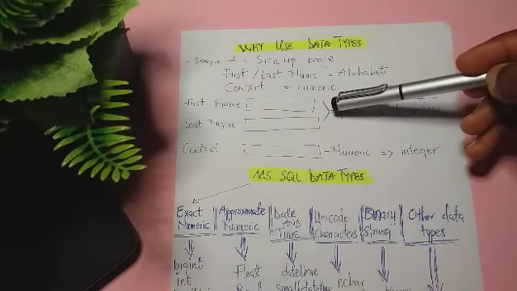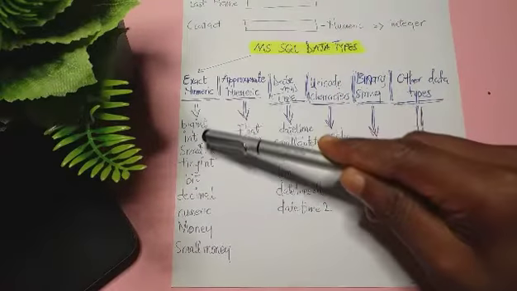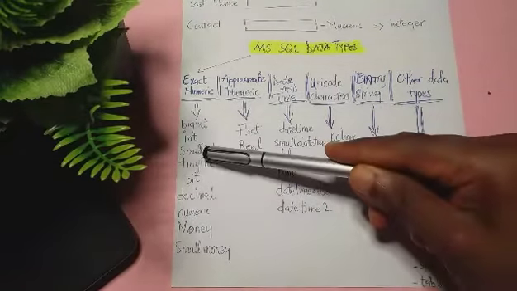In the exact numeric data type, there are 7 kinds of data types under the exact numeric. So this is where you use it.